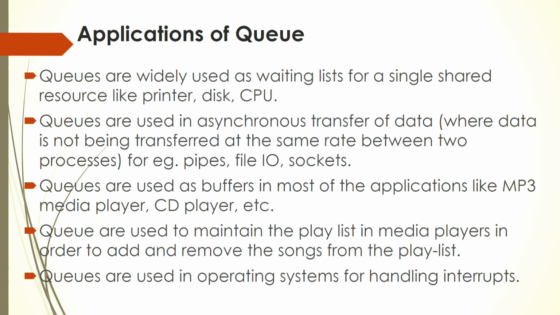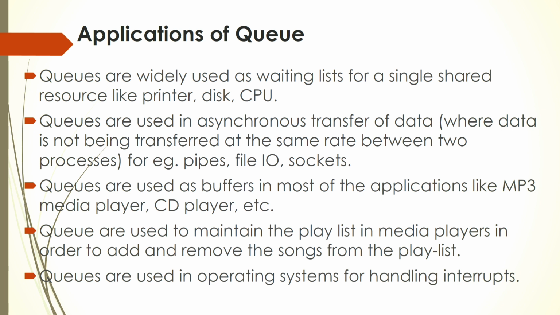Queues are widely used as waiting list for a single shared resource like printer, disk, CPU. Queues are used in asynchronous transfer of data, where data is not being transferred at the same rate between two processes.